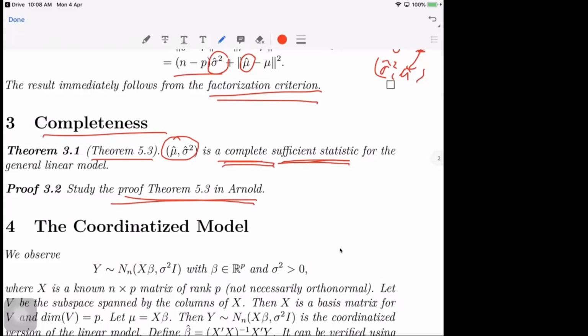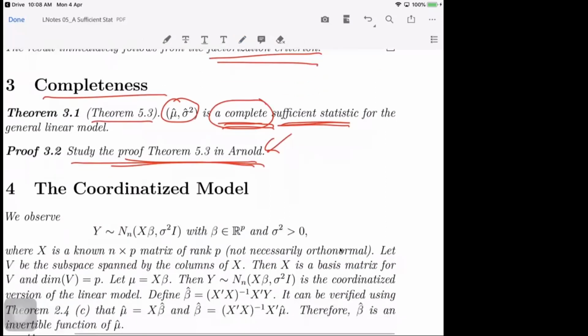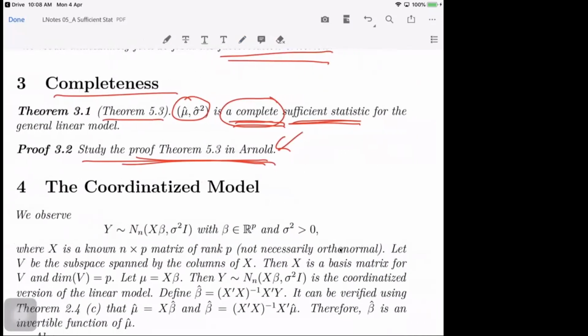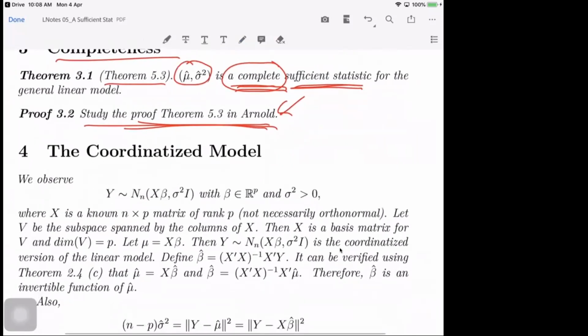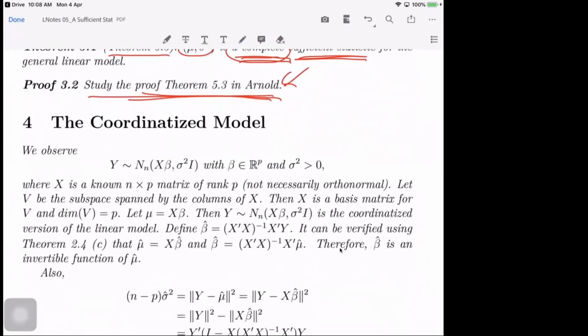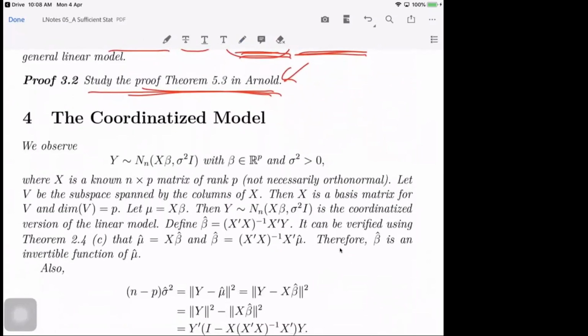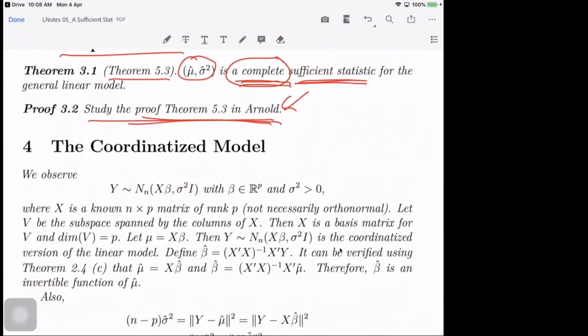If you are interested in knowing what a complete sufficient statistic is, you study the proof of Arnold in Theorem 5.3. And of course, you can learn more on completeness in your inference class, where you should scrutinize what is sufficient and complete. For now, in linear models, you know that mu hat and sigma hat square are complete sufficient statistics. Okay.